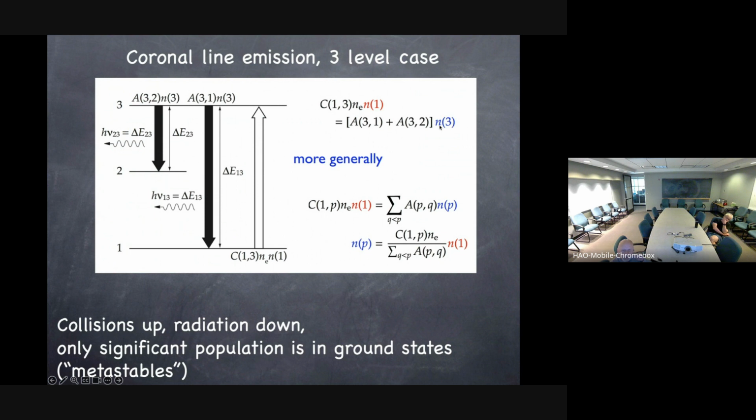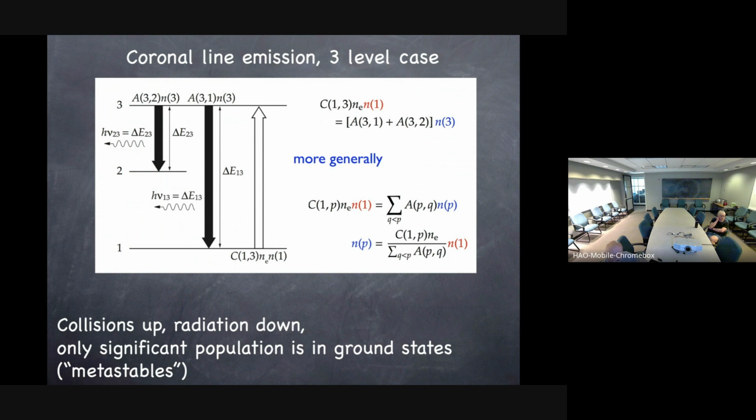We have collisions up, which is here, from this highly populated ground level, and then we have radiation down in transitions 3 to 1 and 3 to 2. Okay, so that is the statistical equilibrium equation. If that's an electric dipole transition, we go from collision rates, which are on the order of, we said it's going to take about 100 seconds for recombination.